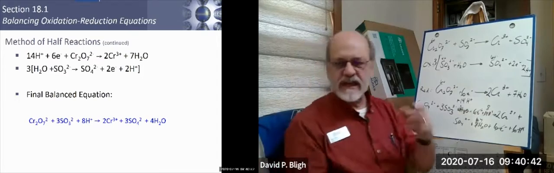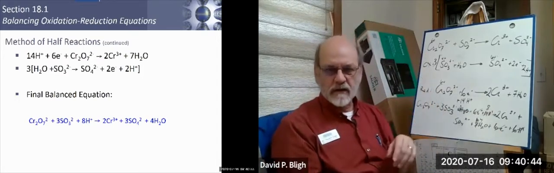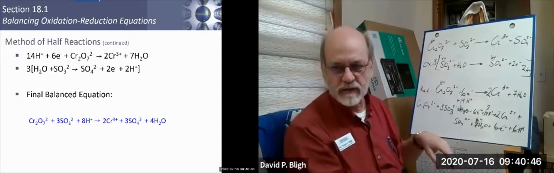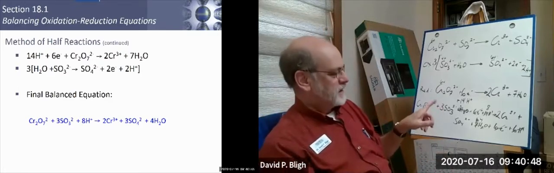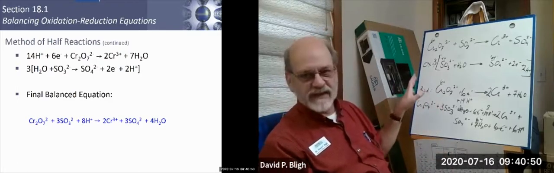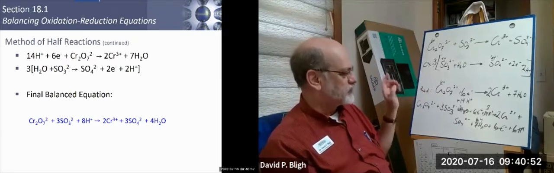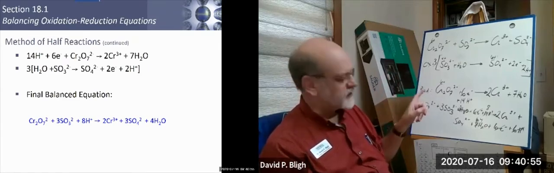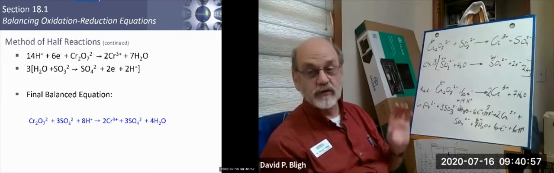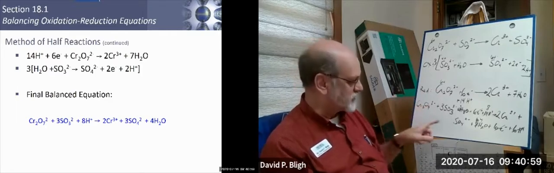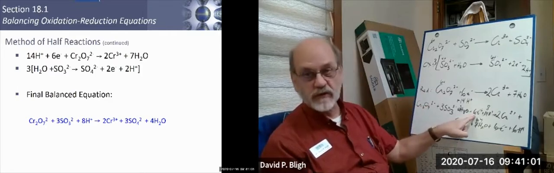Now, something to keep in the back of your mind, or in your left hip pocket, or wherever in your purse. Once you've done this balancing act, it's good to note in the process how many electrons were transferred. In this case, 6 electrons were transferred.